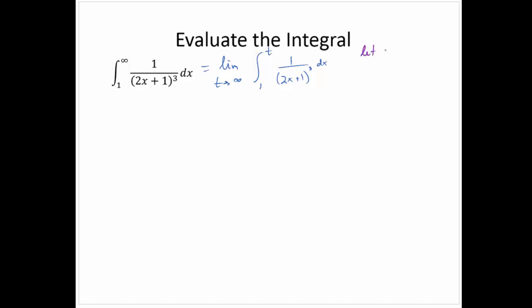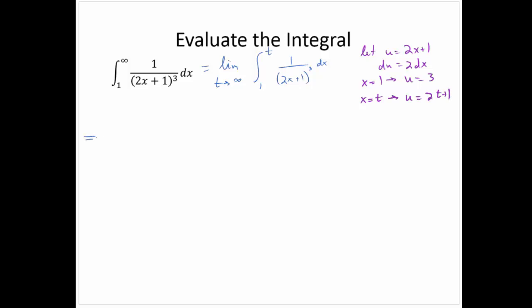I will let u equal 2x plus 1, and then du would be 2 dx. And notice that if x equals 1, that implies that u equals 3. And if x is t, that implies that u would be 2t plus 1.